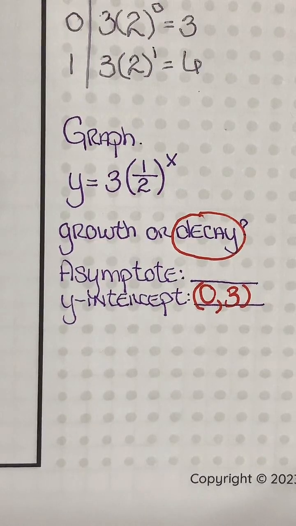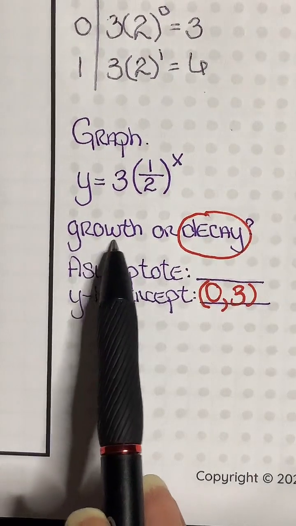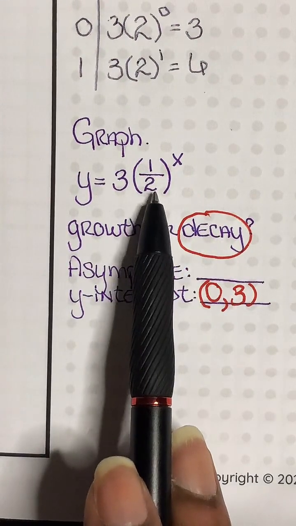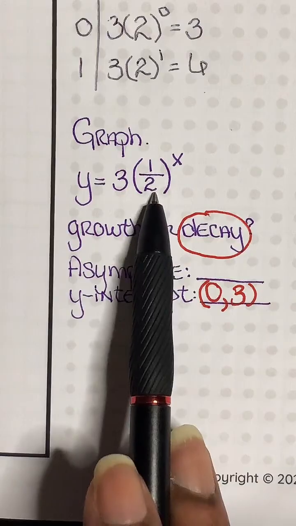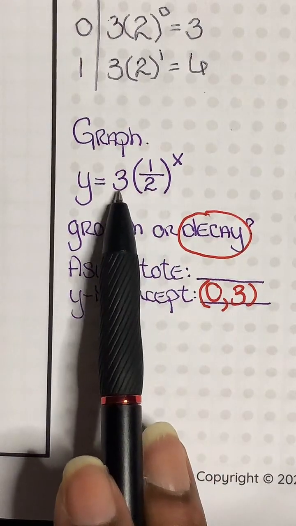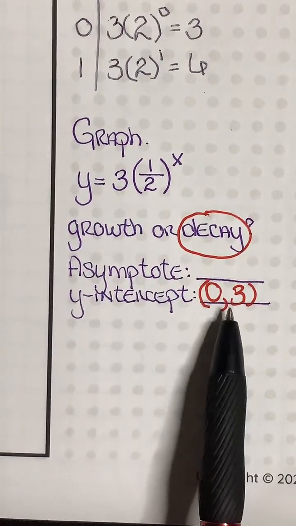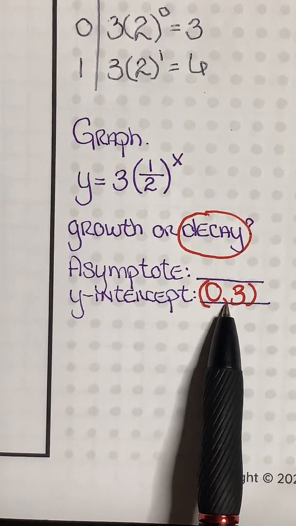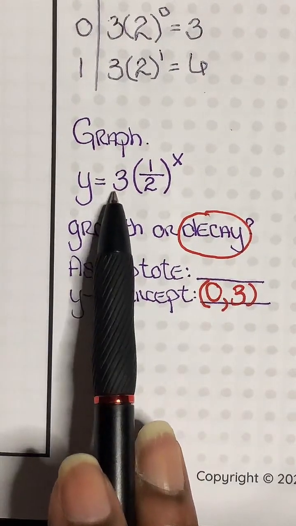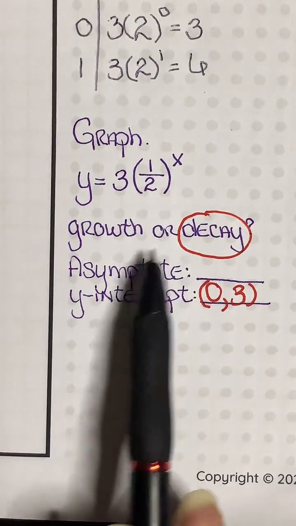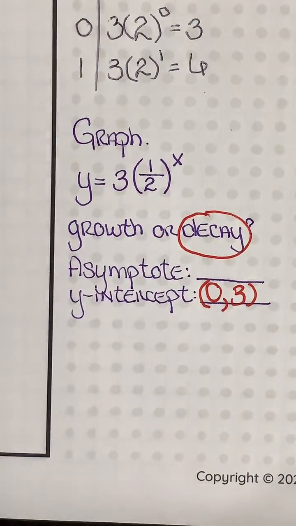All right. So if you want to know if it's going to be a growth function or a decay function, always look for the b. The b is what tells you that. Now the 3, that is your starting point. That's your y-intercept. Okay, so your a value is your y-intercept. The b value is going to tell you growth or decay.